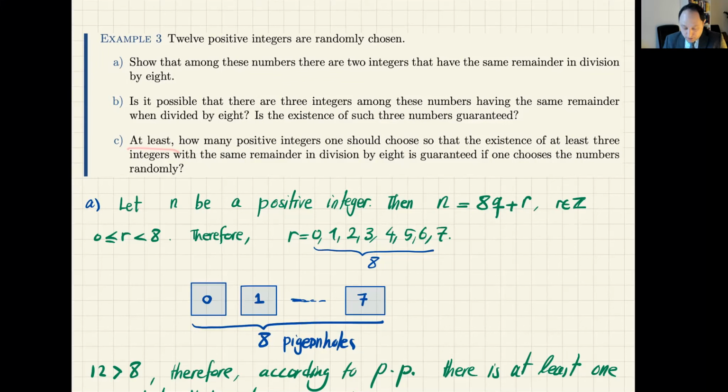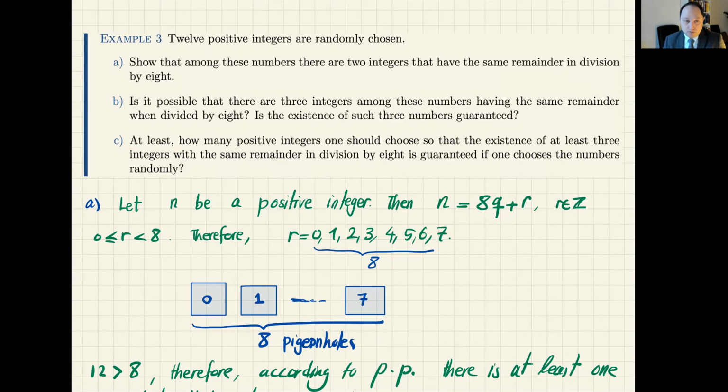At least how many positive integers should one choose so that the existence of at least 3 integers with the same remainder in division by 8 is guaranteed if one chooses the numbers randomly? 17, right? 17. Yes. Because the number of pigeonholes is 8, I multiplied by 2.